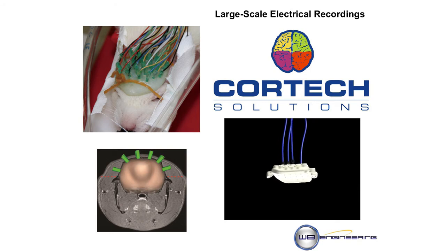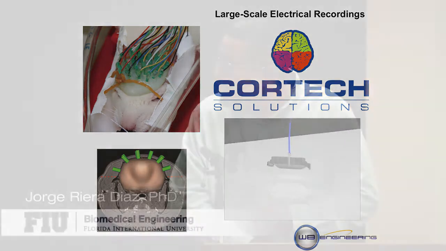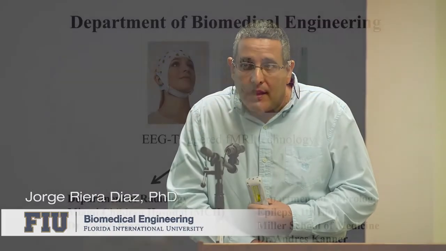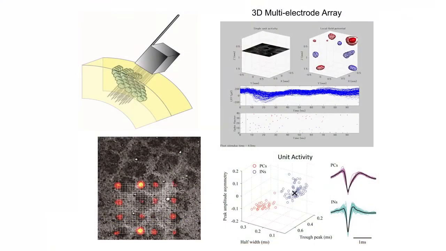We can record high-resolution EEG channels from the rat, and right now it is in the commercializing stage. We are also trying to create a translational approach with Miami Children's Hospital. And this is what we can do using intracranial recording of high-resolution local field potentials.